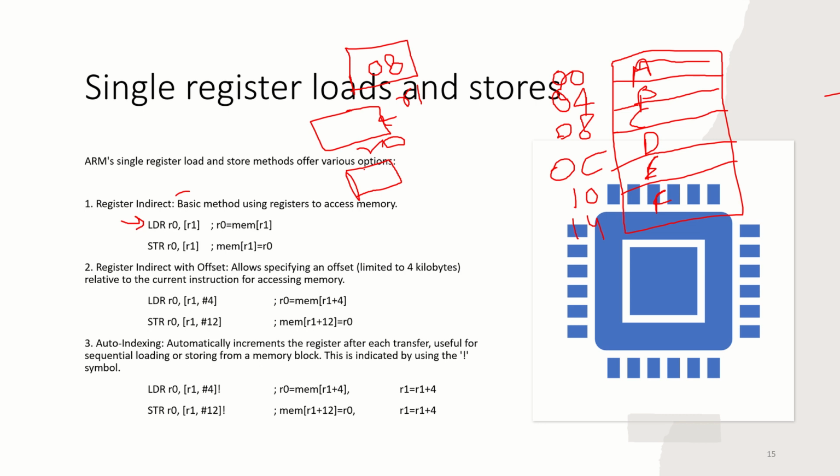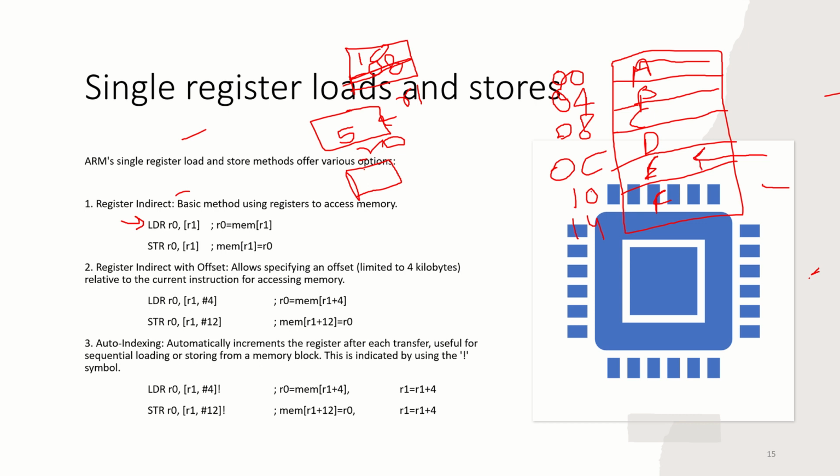Now suppose in R1 I am storing 10, and in R0 I have the value 5. This 5 I want to store at location 10. Instead of E, I want to have 5.